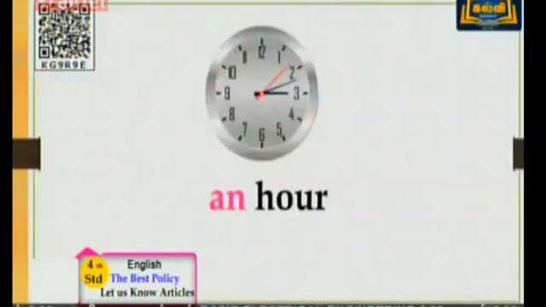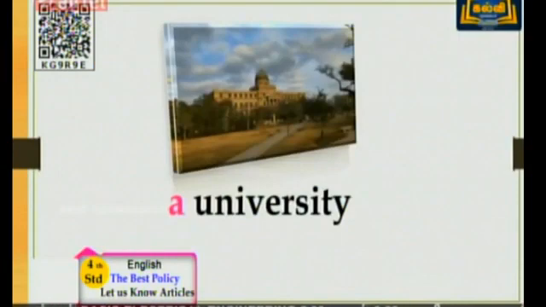As I told you before, here you might ask me a question. Why do we use an for hour and a for university? Did you think about that? Why are we using an for hour? And why are we using a for university?